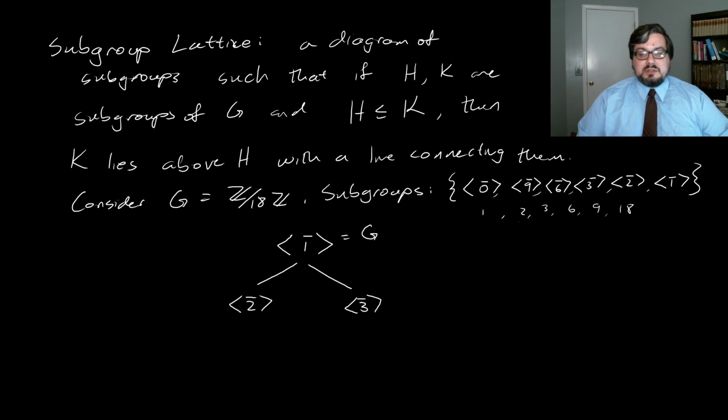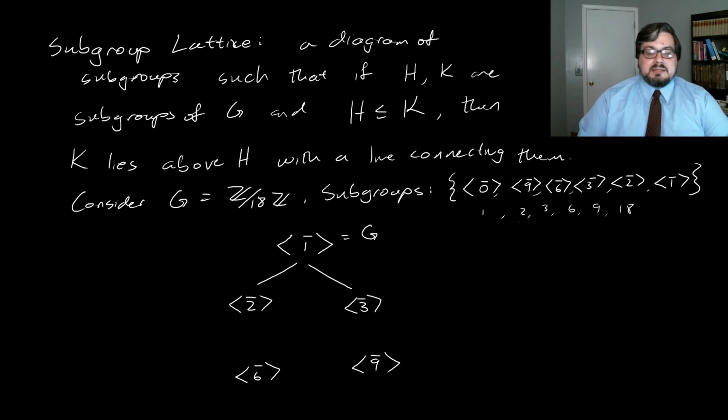Next we'll look at the cyclic subgroup generated by 6 and the cyclic subgroup generated by 9. The subgroup generated by 9 is a subgroup of the group generated by 3, because 9 bar is 3 bar times 3 bar. It's a multiple of it.